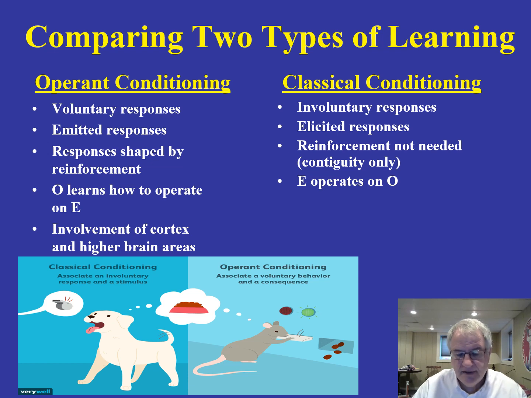Well, it's just the reverse of what we see in operant conditioning. The environment is operating on the organism to draw these involuntary responses out of the organism. And we know that lower brain areas are involved in this behavior.